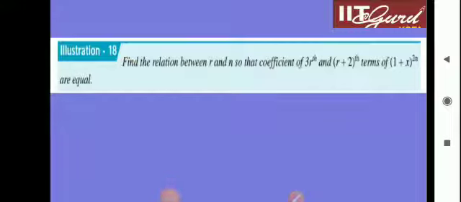Okay, another problem. Find the relation between r and n so that the coefficients of the 3rth term and the (r+2)th term in the expansion of (1 + x)^(2n) are equal. Pause the video.